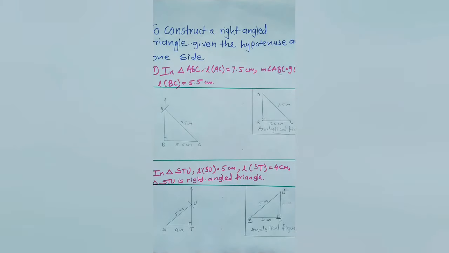Hope you all understand it very well. See, when I'm talking about this example, I'm trying to rearrange the names of this triangle, because just keep in your mind that the side or the hypotenuse which is given to you in the example, you should arrange it first of all in the analytical figure.